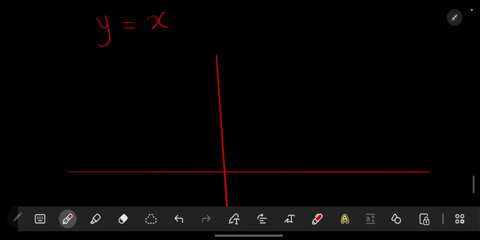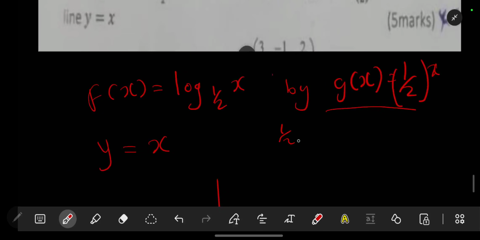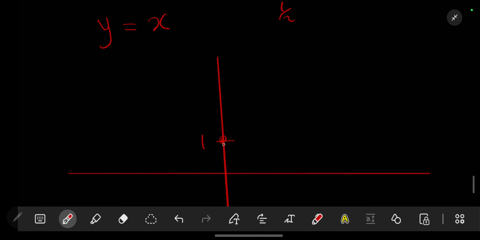If you look at the graph of an exponential, this one passes at positive 1. Now if you have a number that is less than 1, such as 1 over 2, it is a decreasing function, meaning it's coming from here going like that. So this is how you graph this. So it will pass at 1 like that.